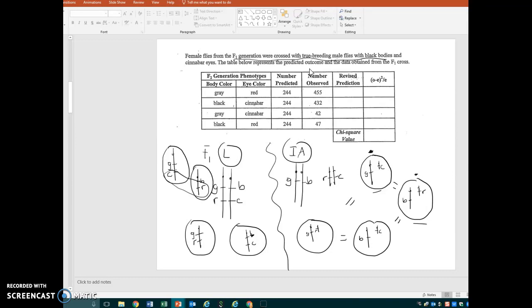So you essentially would take these chromosomes, and anywhere along here you'd cut and then switch those. So the C ends up with the G here, and then this red ends up with the B. The red ends up with the black, and the cinnabar ends up with the gray. Right? So you will get this sometimes.